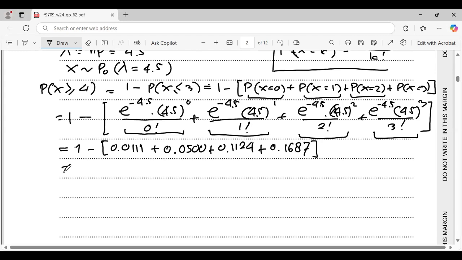And if you calculate, the result is 0.6578, which rounded off becomes 0.658 to 3 significant figures.